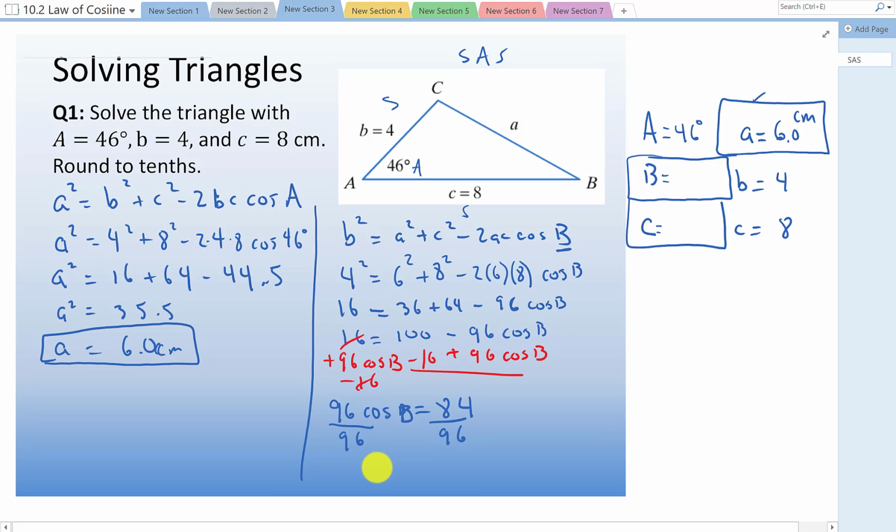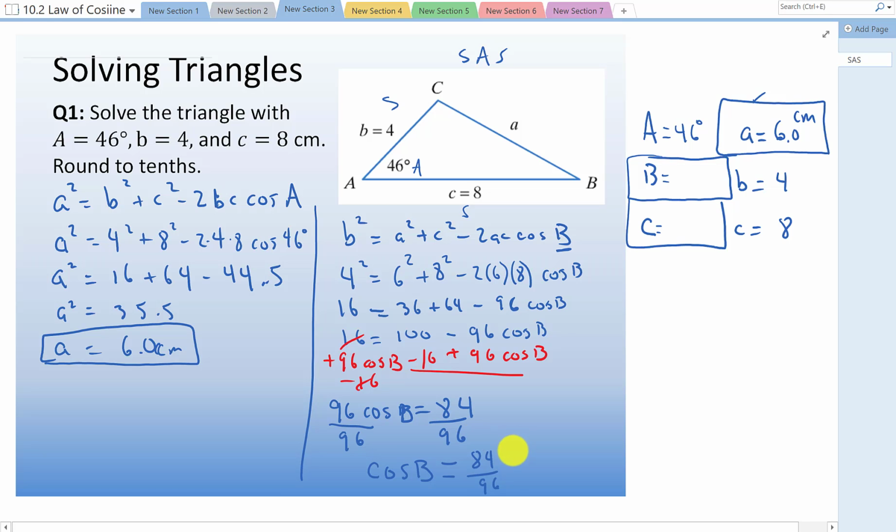Alright, so I'm almost there. Now we've come back to chapter 9. It's come full circle. We've got to solve a cosine equation. 84 over 96, and I'm sure that's reducible, but I'm not going to worry about reducing it because I'm just going to use the inverse cosine. It's a positive ratio, and cosine inverse will answer in quadrants 1 or 2.